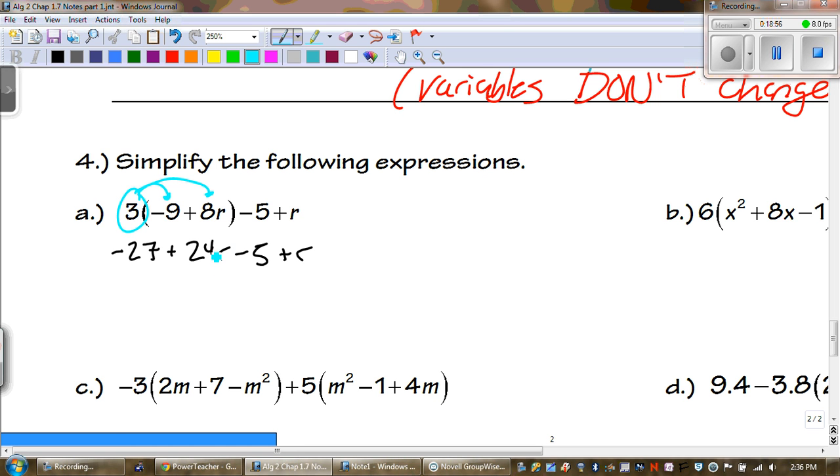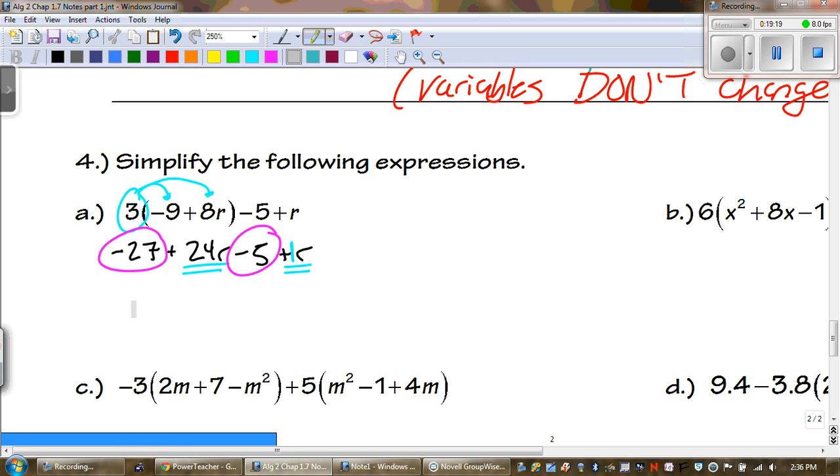And now we're looking for things that are the same that we can combine. Okay, 24r plus, remember that's a 1r, gives us 25r, and then -27 minus 5, hold on real quick.